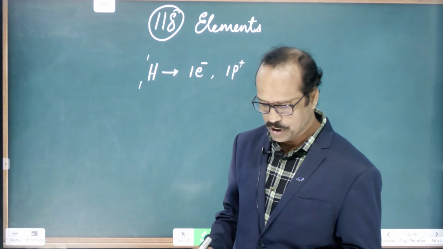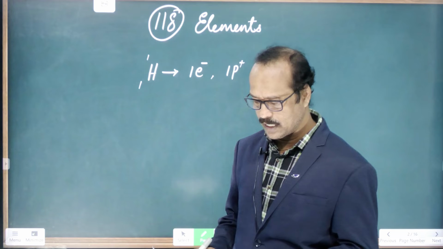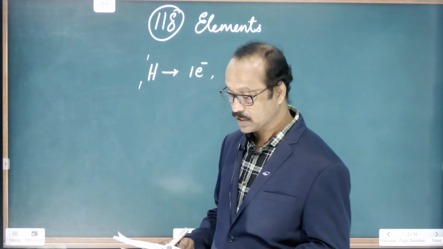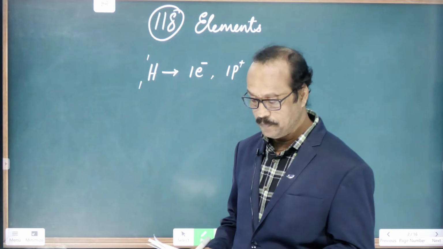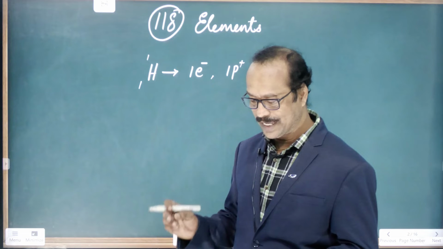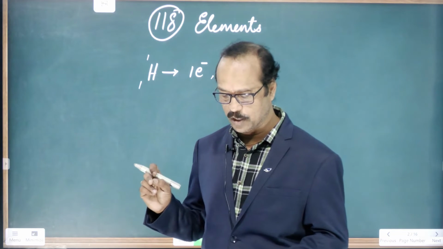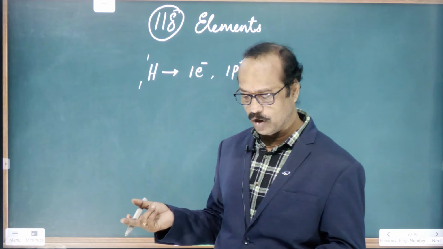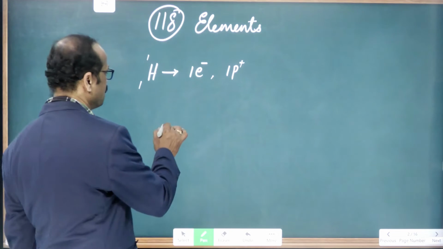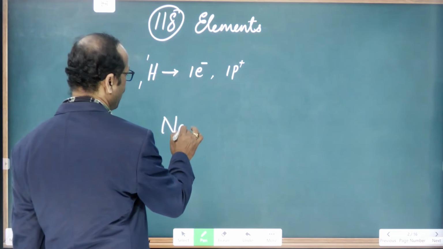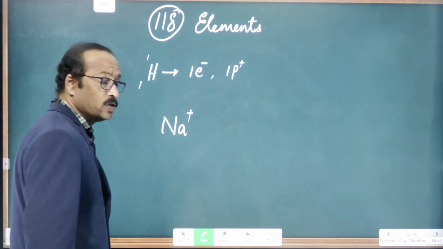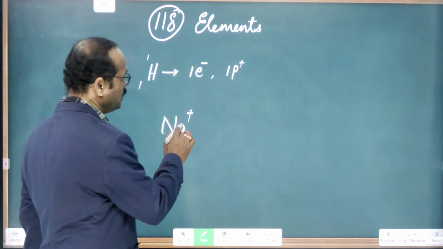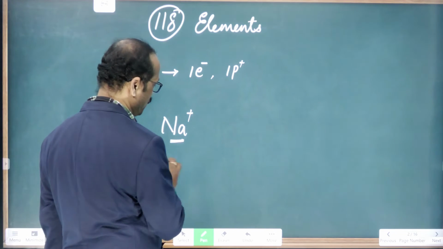Then come to the next question. Sixth question: the charge of an electron is minus 1.6 into 10 to the power of minus 19 coulombs. What will be the charge on the sodium ion? Here Na plus is given, students.